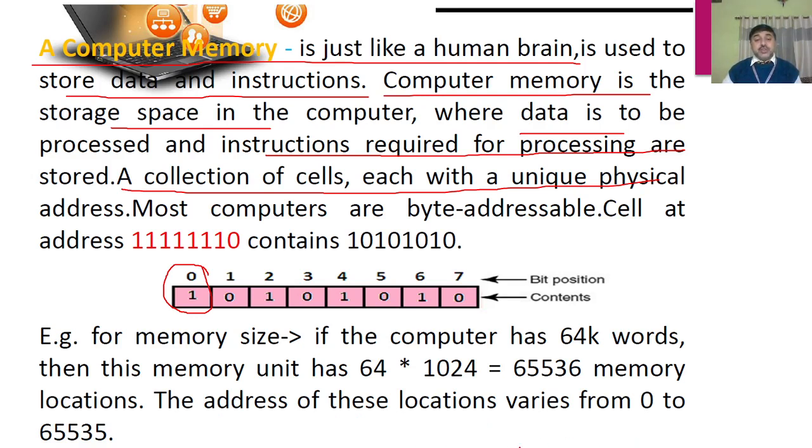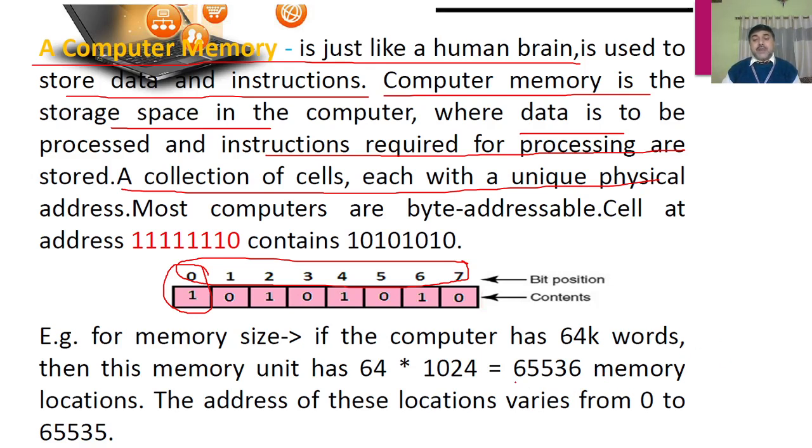That means bit position. Each of these bit positions is the address that it has got. This is the address of each cell, which I am circling at this moment, and these are the values that are being stored. So what we see is the memory size: if the computer has 64K words, then the memory will be 64 into 1024, that means 65536.